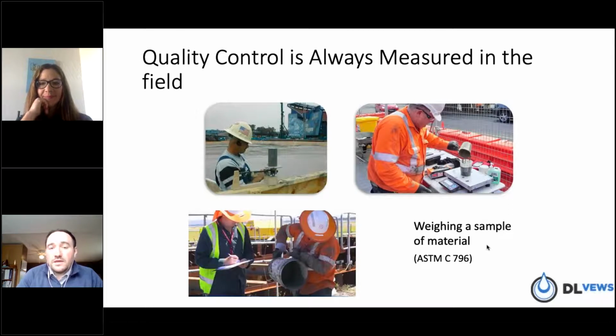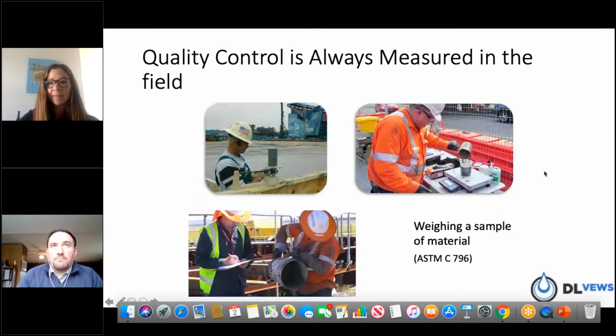If you're a little heavy at the end of your hose, let's say you're targeting 40 pounds per cubic foot and you end up at 48, the key is to add a little bit more foam so you can lighten it up, because the air bubbles are what make it so lightweight. So just checking the density at the end of the hose, per ASTM, is all you need to do to check the quality control of the material.